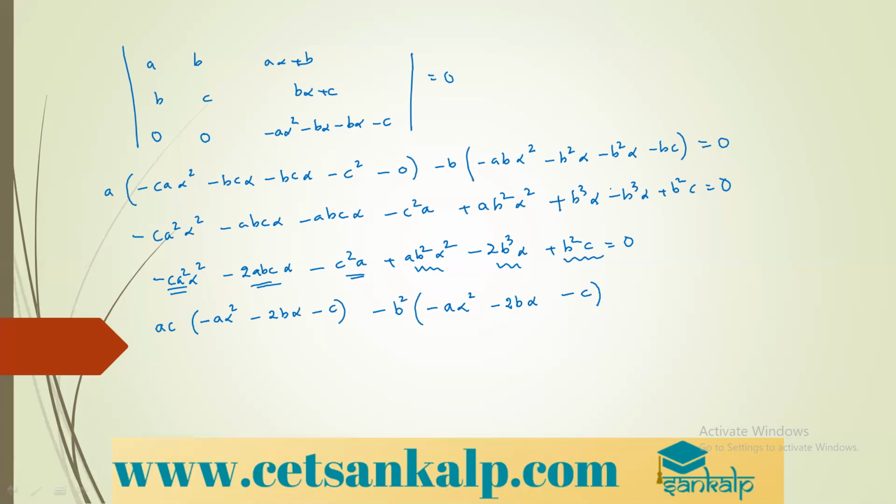This will become plus. So I can take ac minus b square common and minus also common, so that I will have a alpha square plus 2b alpha plus c equal to 0.